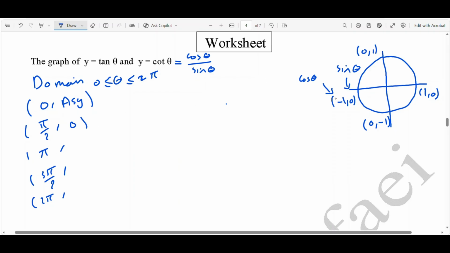Pi, negative 1 over 0, asymptote line. 3 pi over 2, 0 over negative 1, which is 0. 2 pi, asymptote line. So I have 3 asymptote lines: 0, pi, and 2 pi.